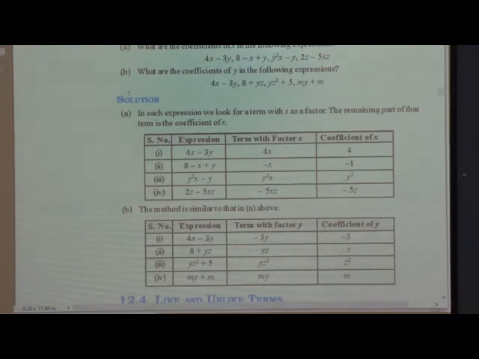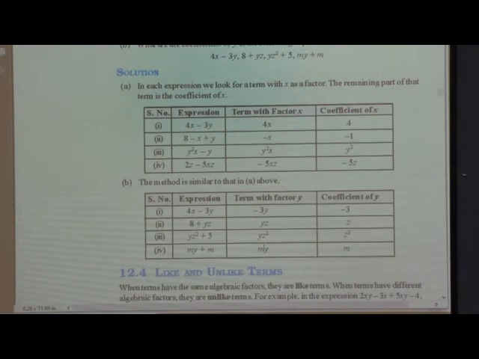The second one given to us asks for the coefficients in the following expressions: 4x minus 3y, x plus yz, yz square plus y, my plus m. We have to find the terms with y and their coefficients. So we consider only the terms with y. Minus 3y has coefficient minus 3.